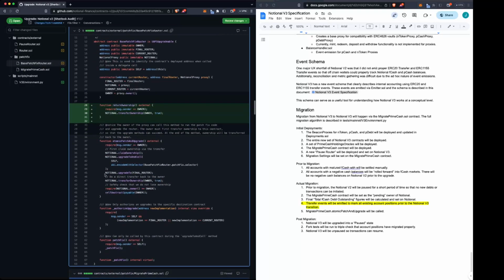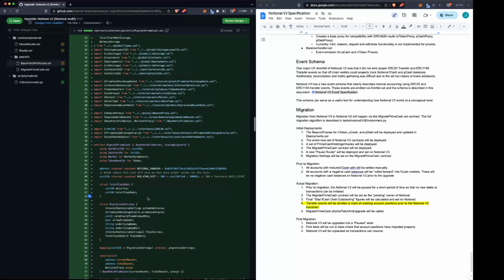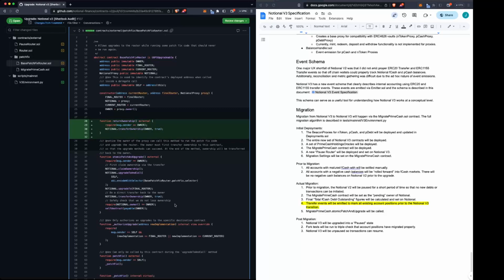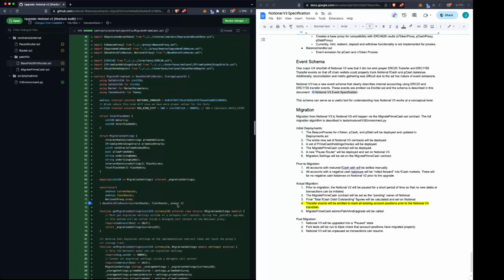But in the middle, it's going to upgrade to itself and call a patch fix method. So we call this atomic patch and upgrade. Prior to the transaction coming in, you're running Notional V2. You run a transaction, a bunch of stuff happens, and then you exit the function on Notional V3.